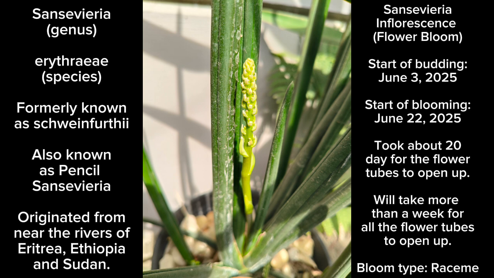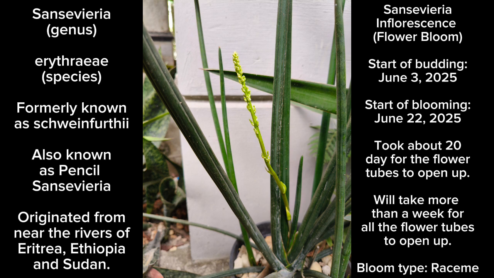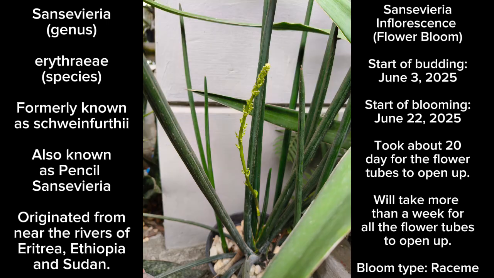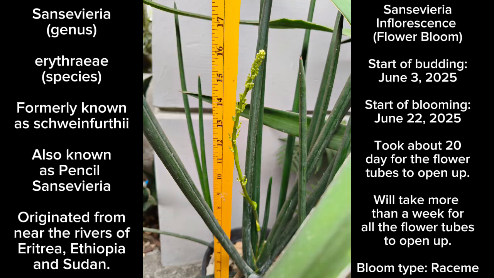As what you are seeing, I'm showing you pictures of the inflorescence transformation, or the flower bloom transformation, of the species. This is quite a unique species of Sansevieria. I have not seen any other species like it. So therefore the inflorescence is also unique to the species itself.